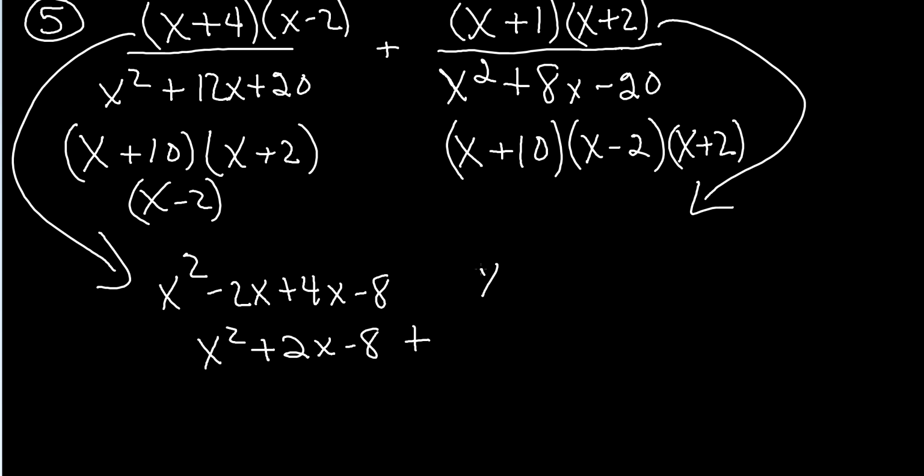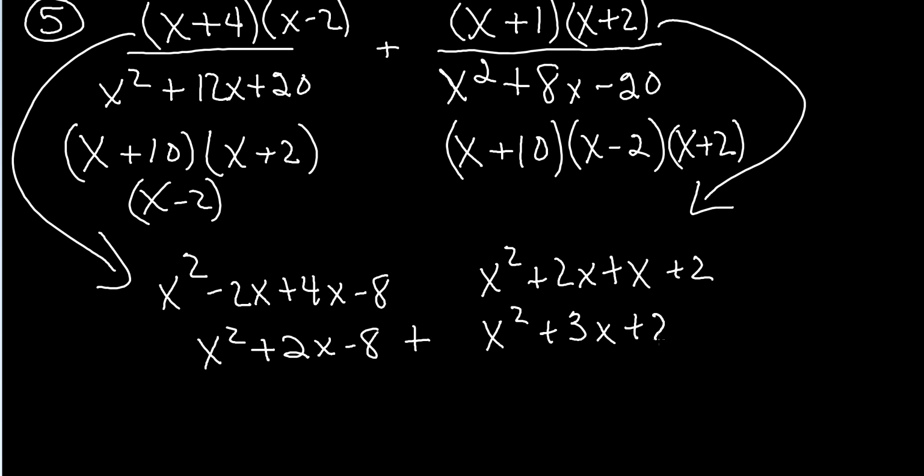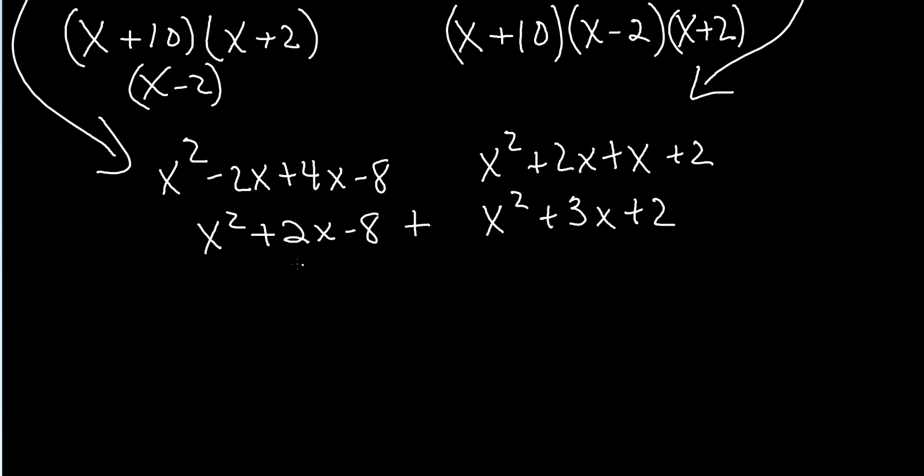And with that, I'm going to have x squared plus 2x plus 1x plus 2. And that's going to simplify to be x squared plus 3x plus 2. And now I get to add them together. So when I add them together, it's going to be 2x squared.